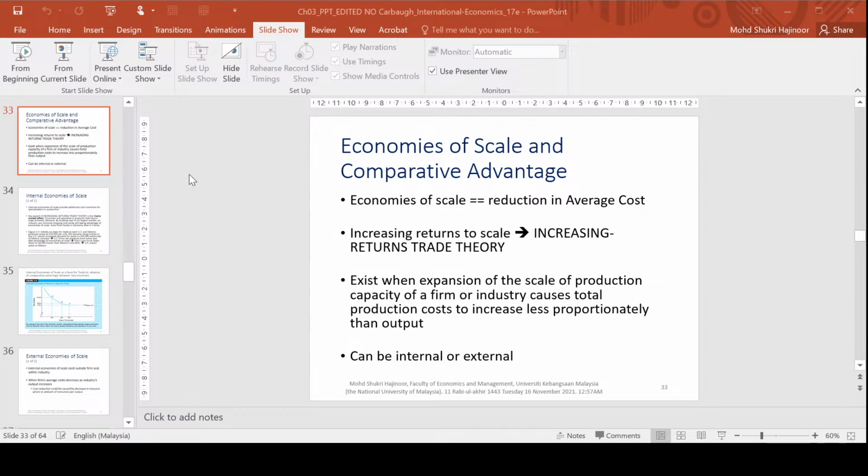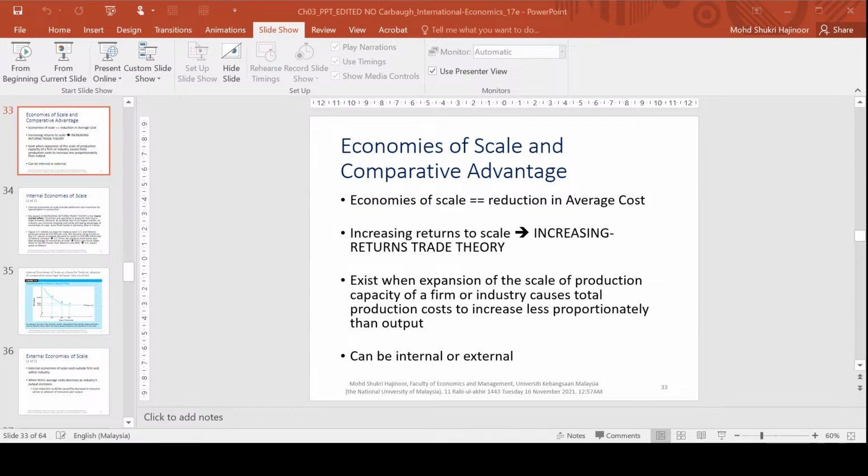Number one, economies of scale. Again, assume no factor endowment difference. Number 2, overlapping demand. Number 3, intra-industry trade. Number 4, technology. Number 8, industrial policy. So 4 to 8, we're going to study five subtopics tonight, inshallah.